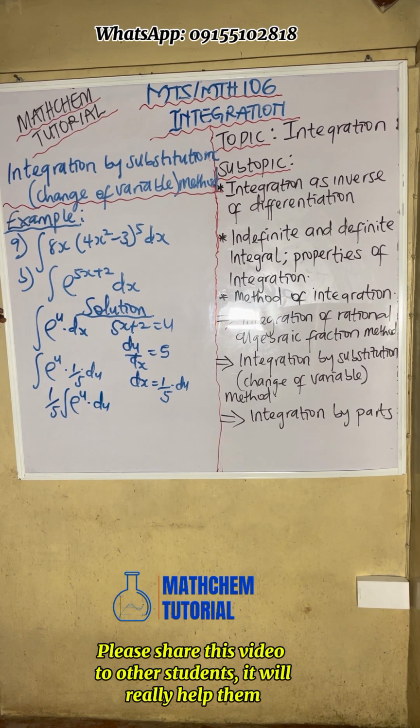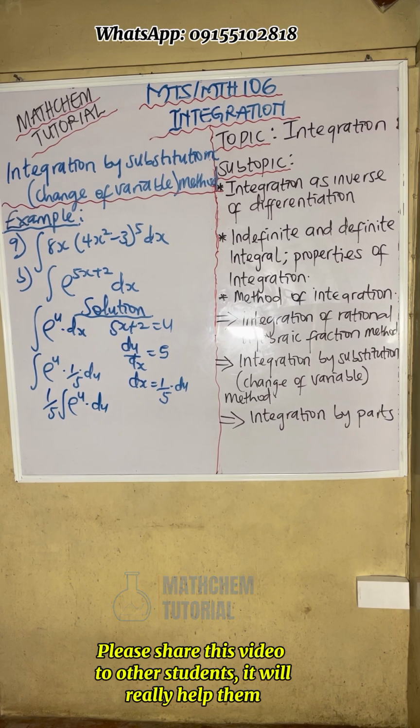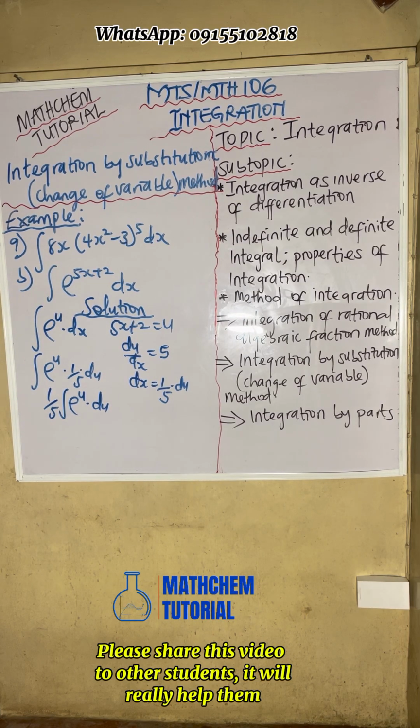So if you want to solve this, what is the answer going to be? If you integrate e^u, what are you going to get? Integrating this exponential u, you get the same thing, exponential u.